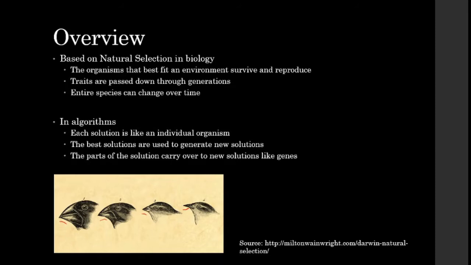We generate many solutions, and then the best ones are used to come up with more solutions. And then the best parts of each solution are carried over through new generations, like the genetics of animals.